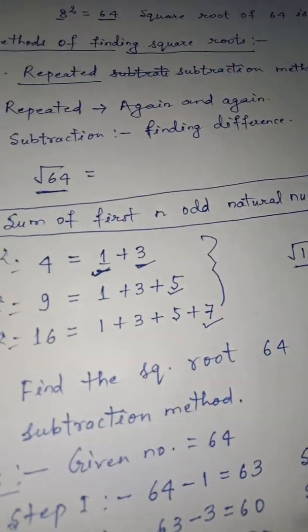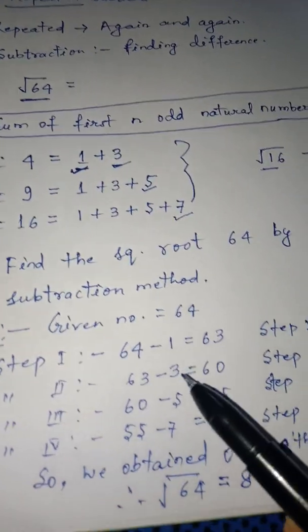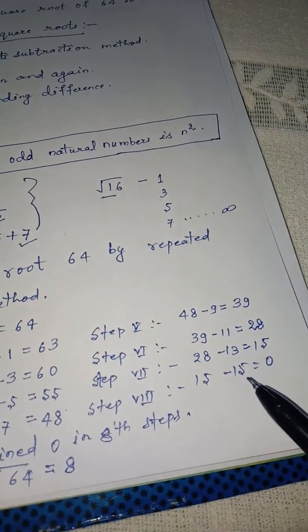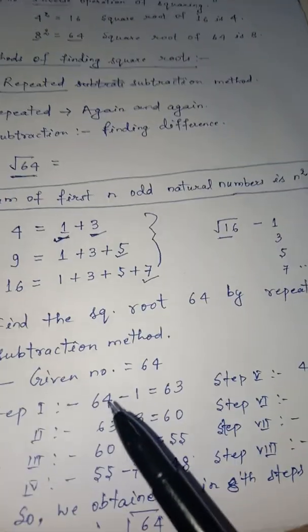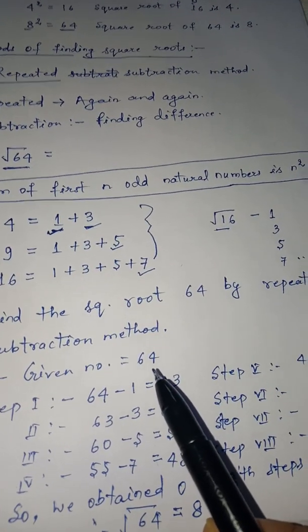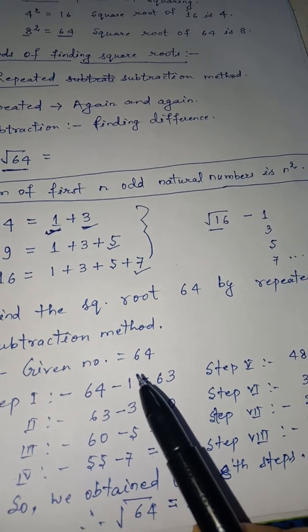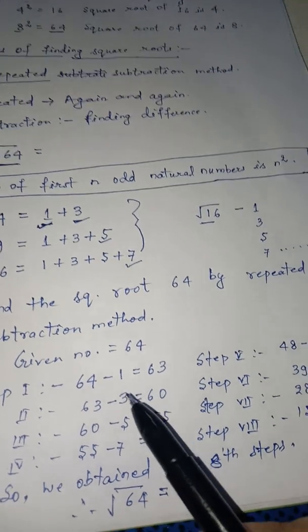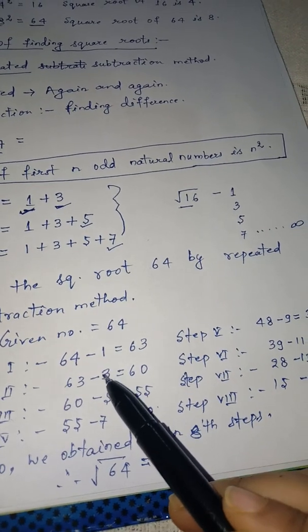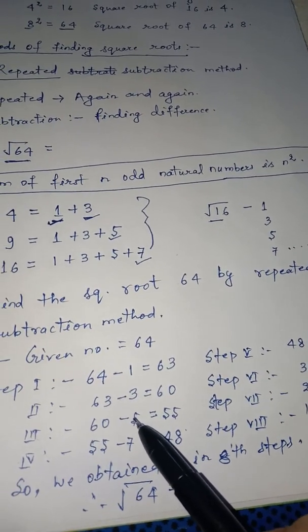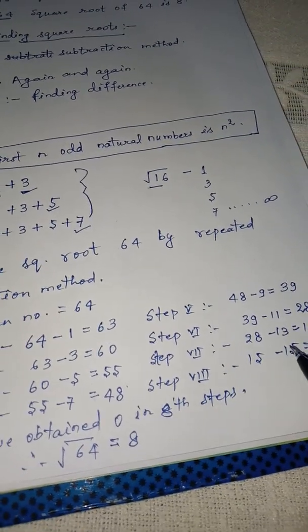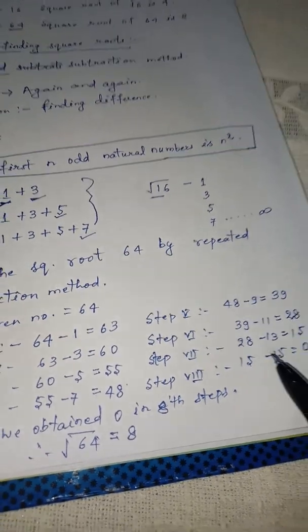That's why we take odd numbers starting from 1, then 3, 5, 7, 9, 11, 13 and 15.